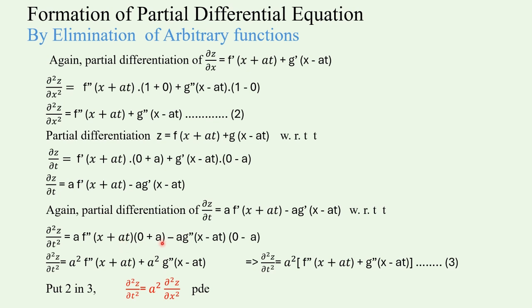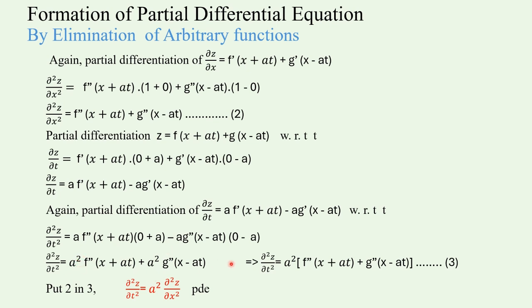This is t into a is a, minus this a we have written as such. This g will become g double dash, and this we have to write as such, and differentiation of x with respect to t is 0, and differentiation of t is 1, 1 into a is a. Now this becomes equation 3.